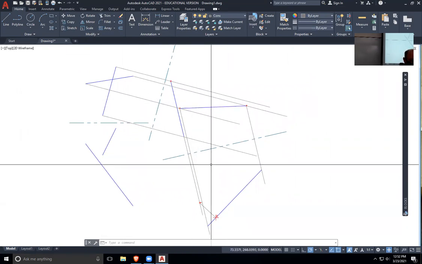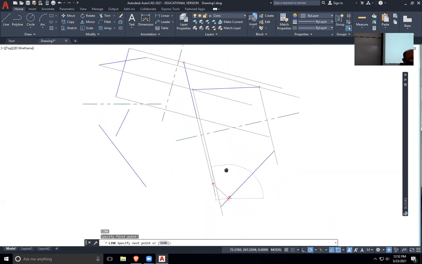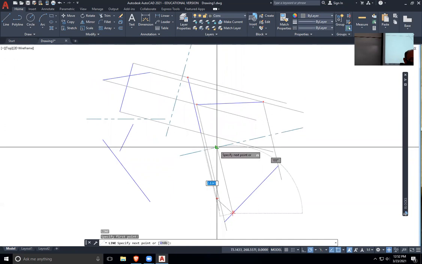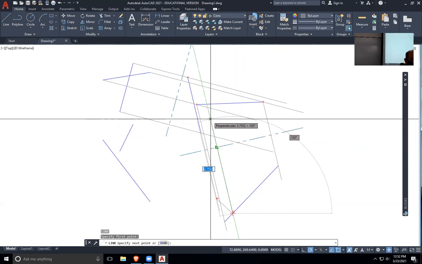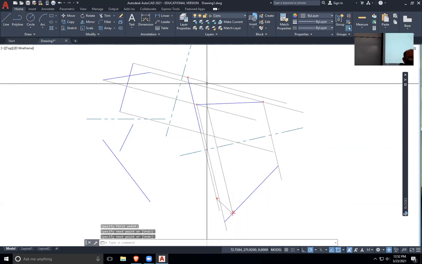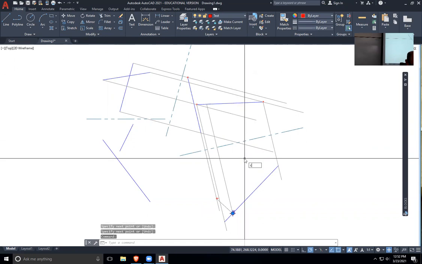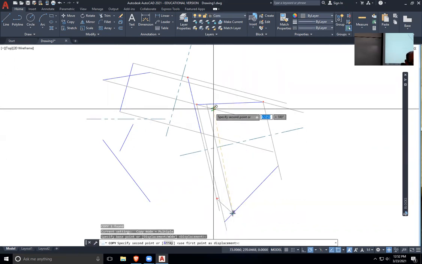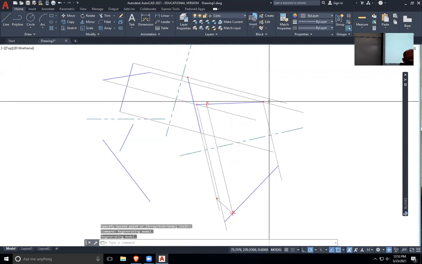We can just draw the line perpendicular to the reference. I think I can continue that on until I hit here. There. So we'll go ahead and put X on this one too.